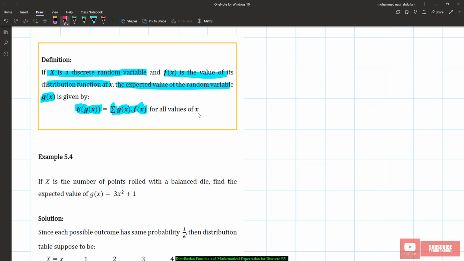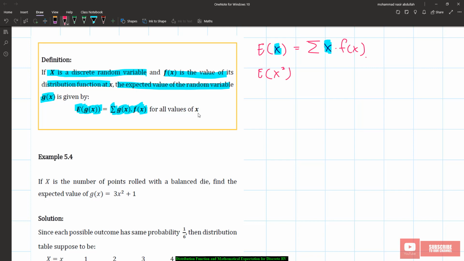Easy to remember. E[X] is equal to x multiplied with f(x). So whatever in the bracket will be the coefficient of the probability value.